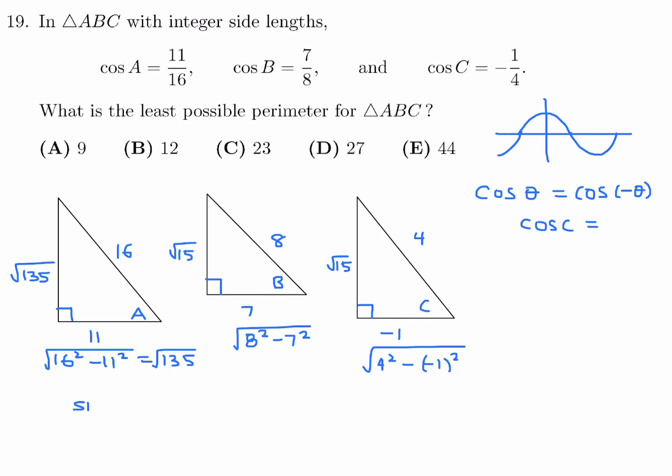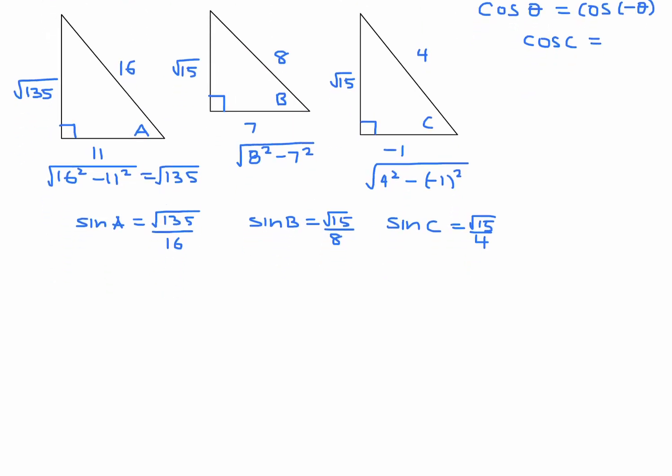So the sine of A, therefore, would be root 135 over 16. The sine of B would be root 15 over 8. And the sine of C would be root 15 over 4. All right, so now we're going to use the sine law.